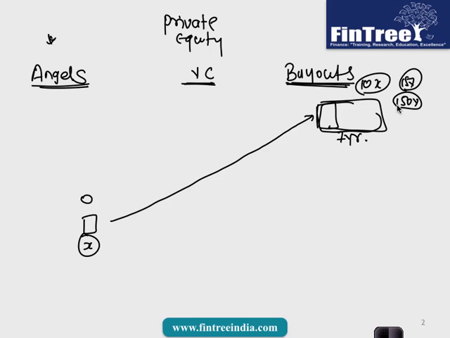So you invest into a startup, you help them grow, and then the company grows to a substantial size. The exit route could be in the form of an IPO, or a secondary sale, selling to some other private equity house, and you try to earn substantial profit on this. Are we together on this? Now imagine a scenario that you invested, let us say, 5 million into a small startup today.